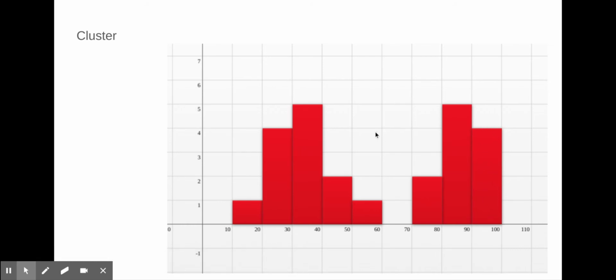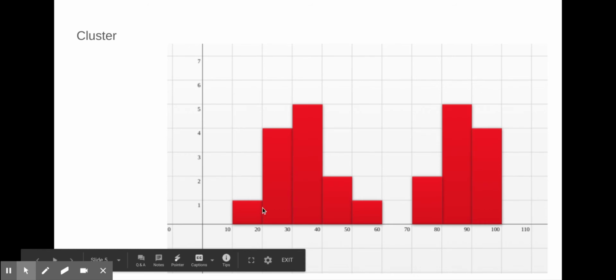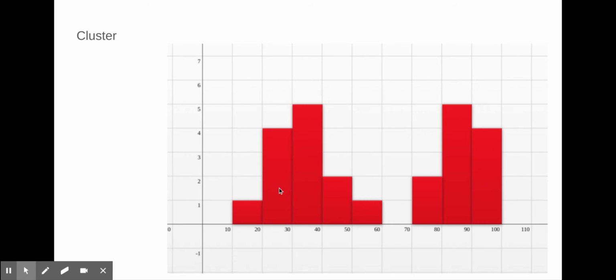But I also have a large group of students, a cluster, who are in the lower end here. So I would definitely be needing to look at some ways to bring their understanding up. Looking at clusters can help you see patterns in the data.